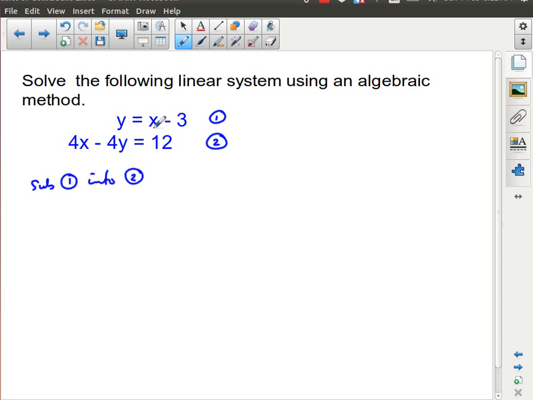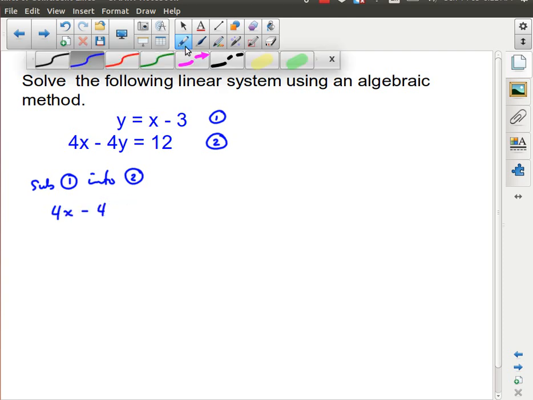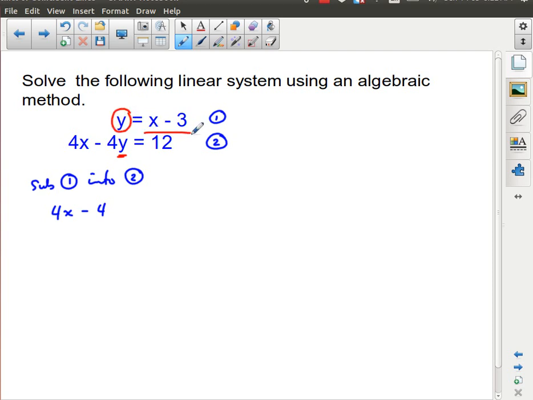And so I end up with equation 2 as 4x minus 4, but wherever I see a y value in equation 2, I'm going to replace it with this expression, x minus 3.